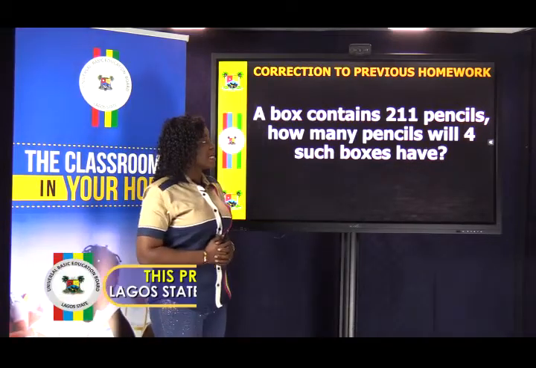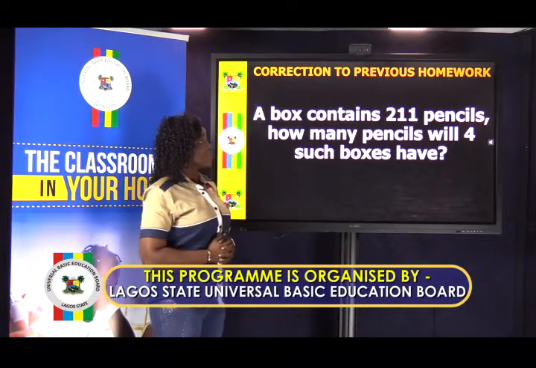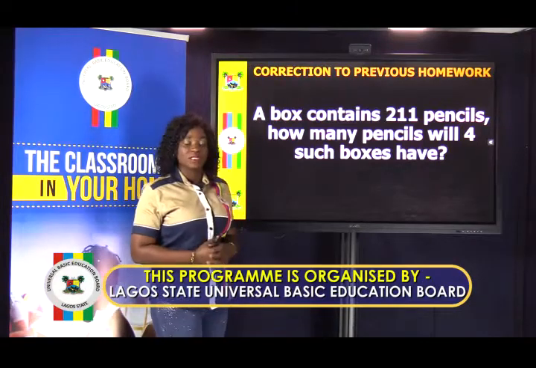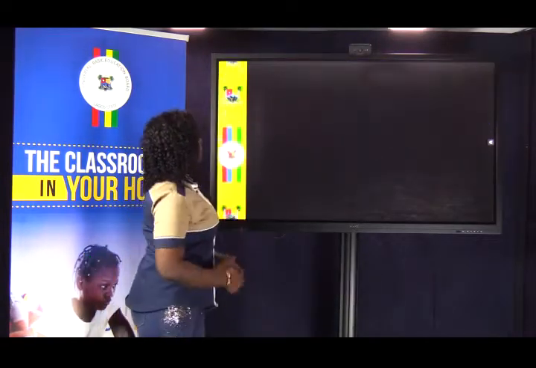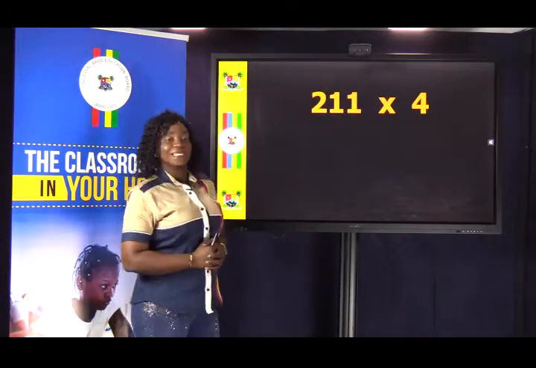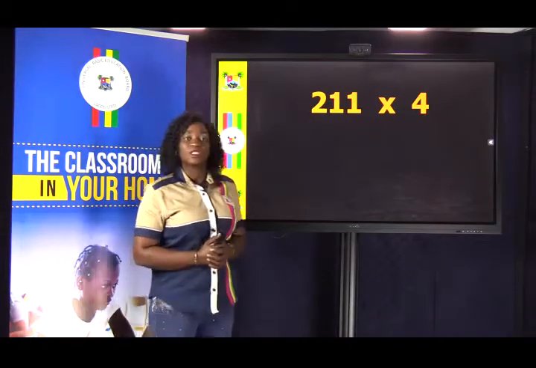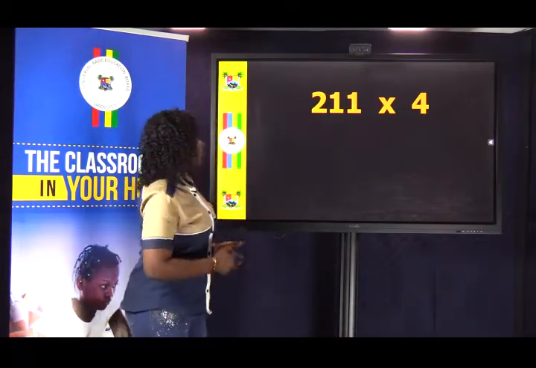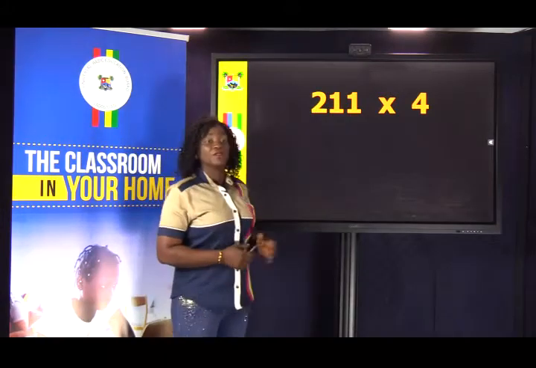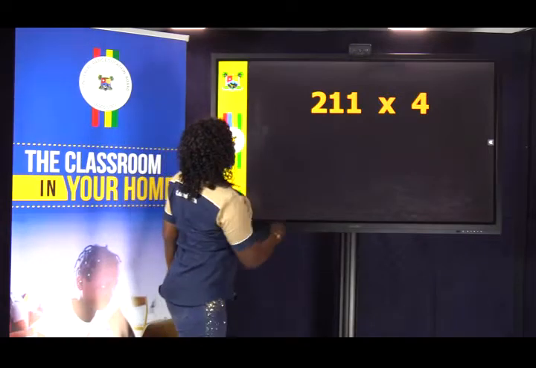A box contains 211 pencils. How many pencils will 4 such boxes have? Yes, solution. 211 times 4. We are going to multiply the amount of pencils in one box by the number of boxes we have.